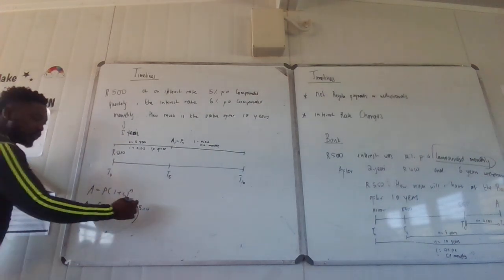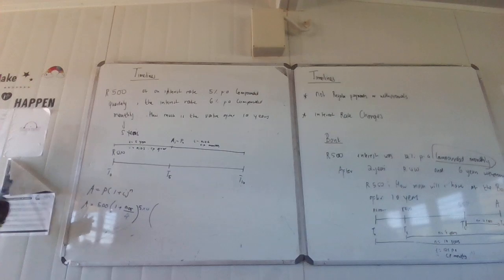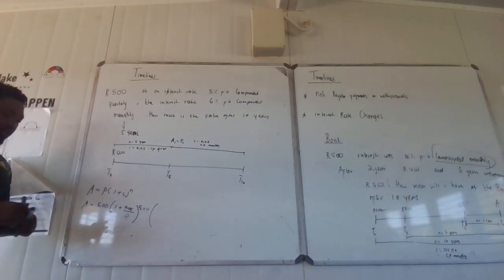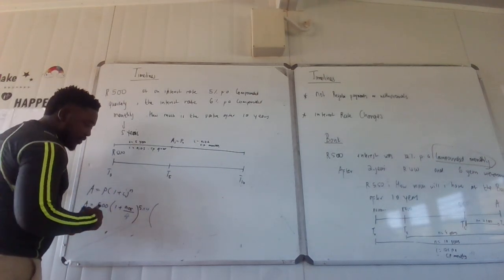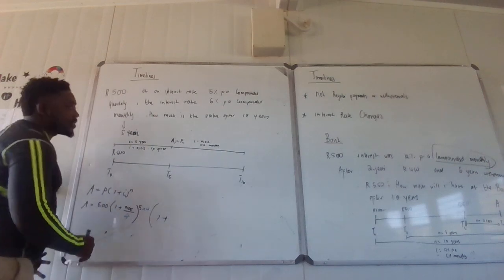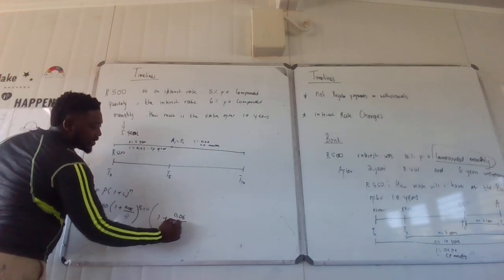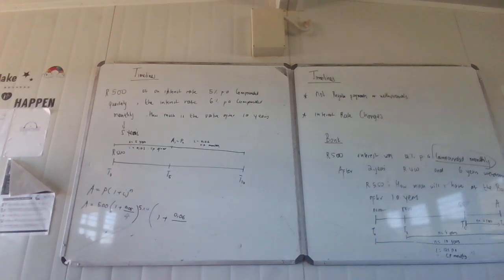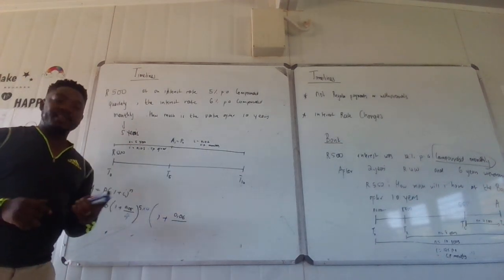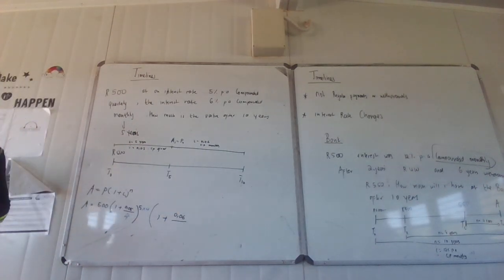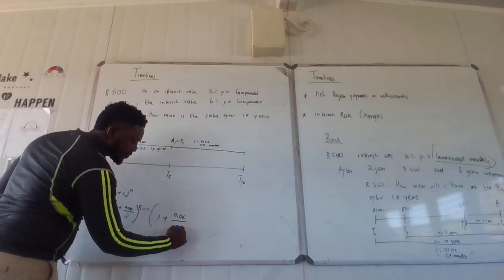You say the interest rate is going to change, and this will just be 1 plus the interest rate, now 0.06, then divided by, remember this is compounded monthly, so you divide by 12.